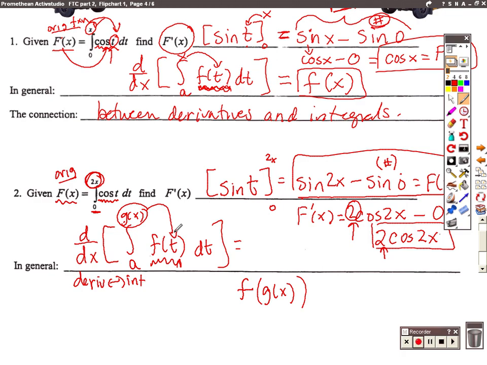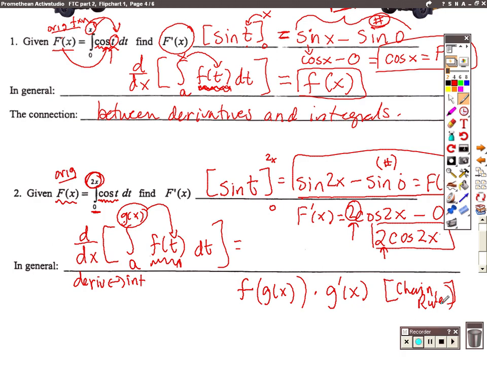Everywhere there is a t, multiplied by the derivative of the inside function, and that's by the chain rule. And that is the shortcut. Instead of having to find the antiderivative and then evaluate it, we can go straight to the derivative. We can undo that integration.